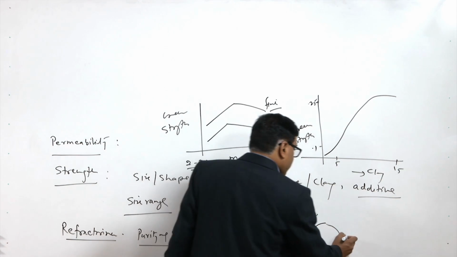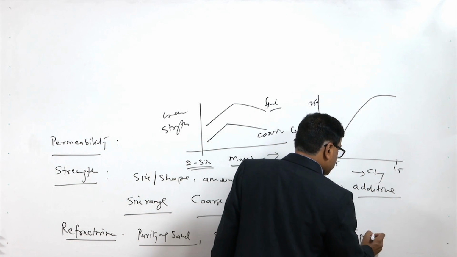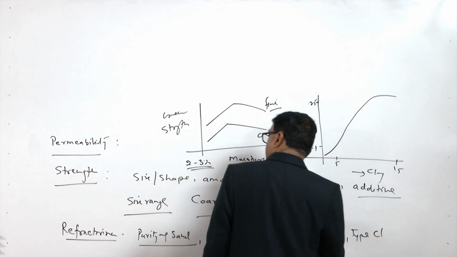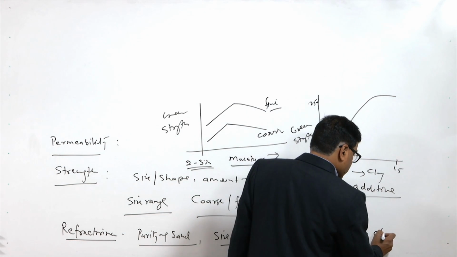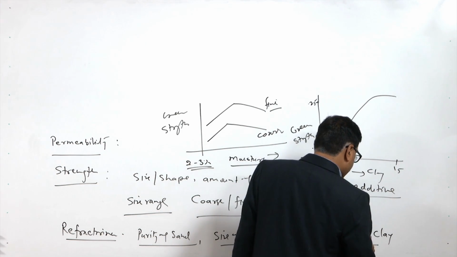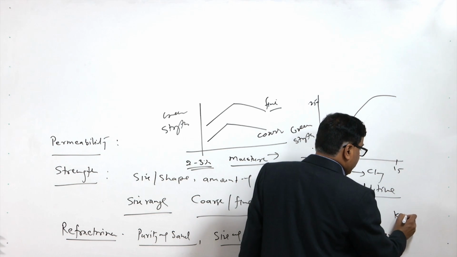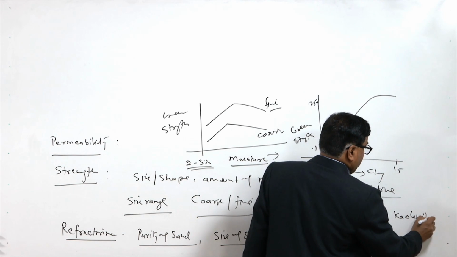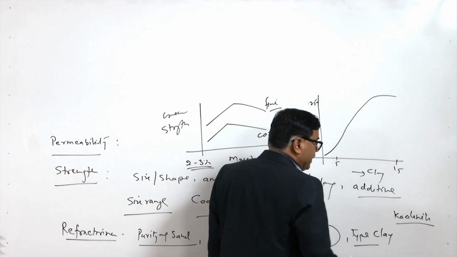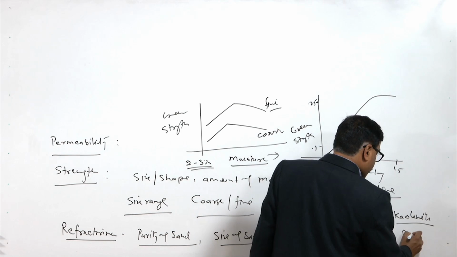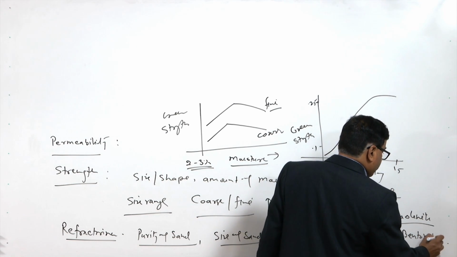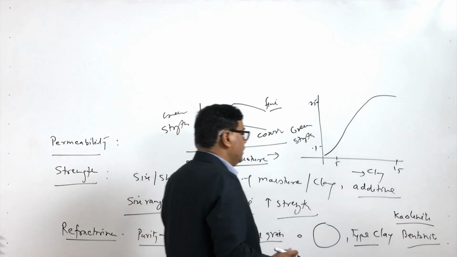On the other hand, the type of the clay which has been used in the mold also matters. As we have mentioned, kaolinite is of the higher melting point as compared to the bentonite. So, bentonite will be fusing much earlier as compared to the kaolinite.